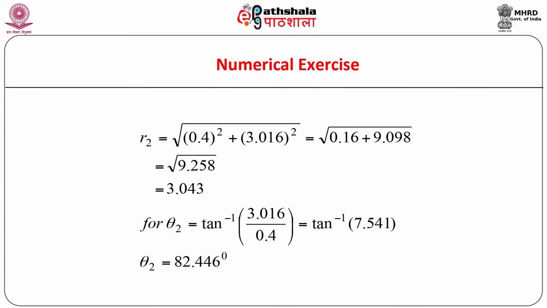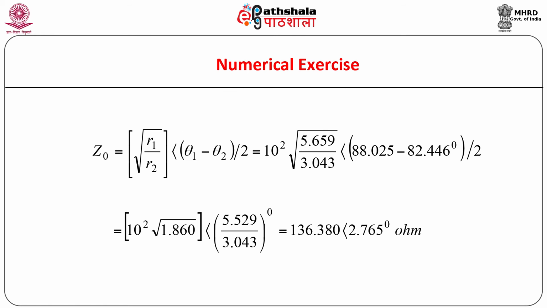The value of R2 and theta 2 needed can be computed on similar lines as shown. Substitution of the values and using appropriate formulae, we get Z0 as shown. Note that we have to maintain the decimals as per the accuracy expressed in the problem.